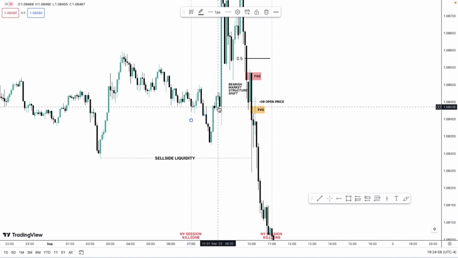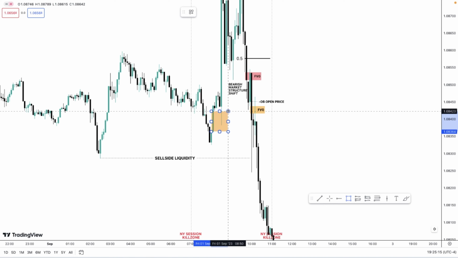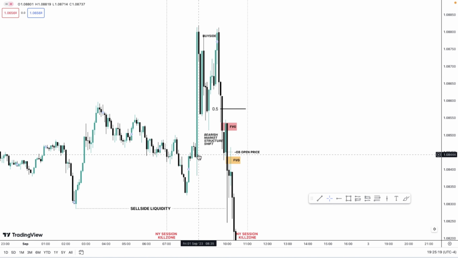So for this day, the market at 8:30, probably like within a second, filled this fair value gap here. So it quickly filled the fair value gap, and then it gave us this huge candle.